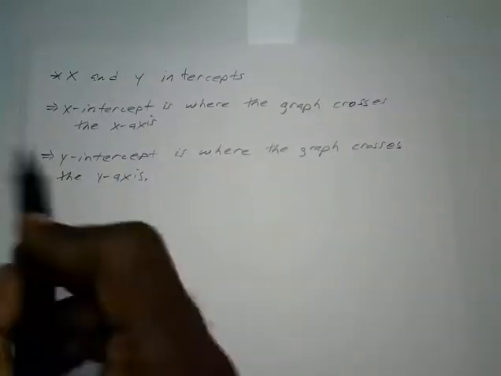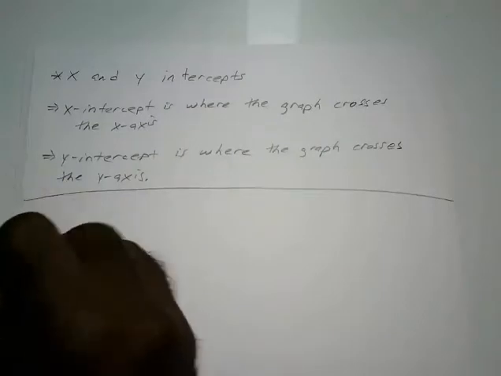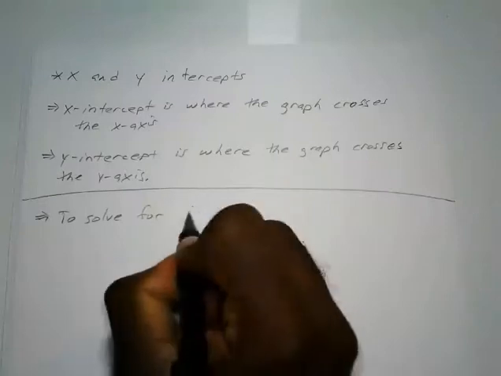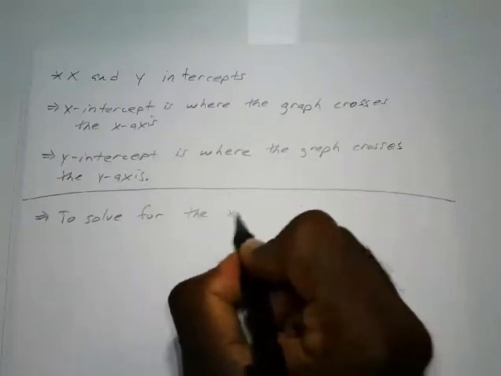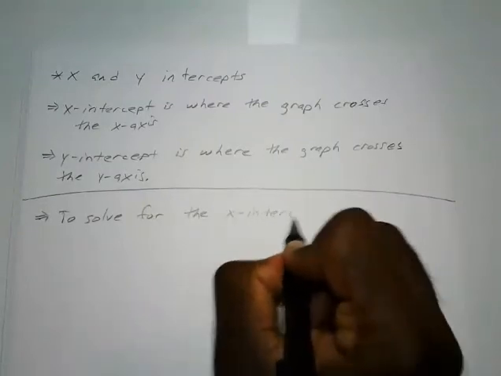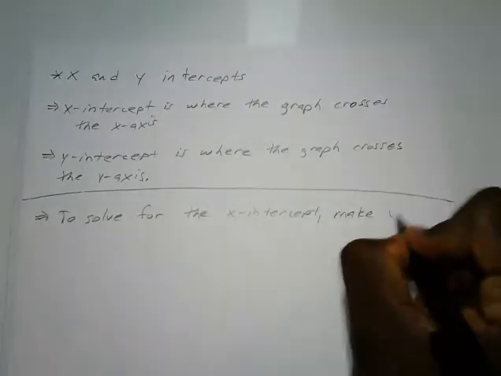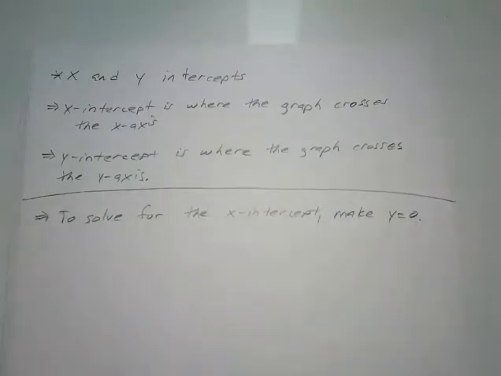Okay, so now we look at how to solve for the x-intercept and y-intercept. And that's probably the easiest to remember. To solve for the x-intercept, you just make y equals 0.